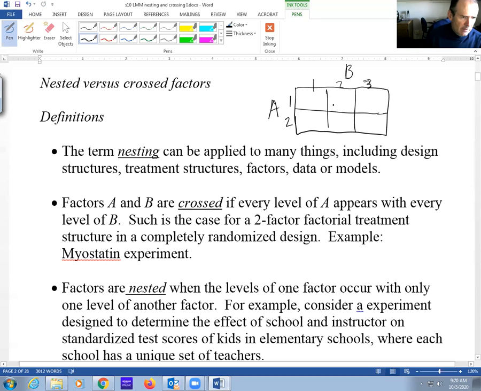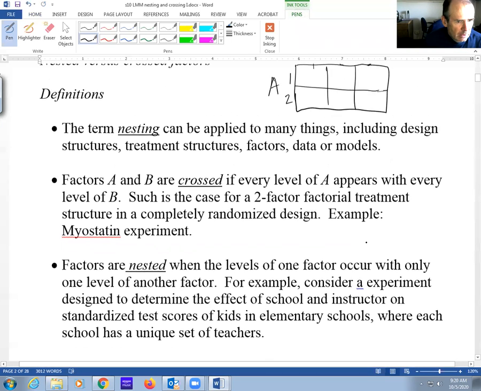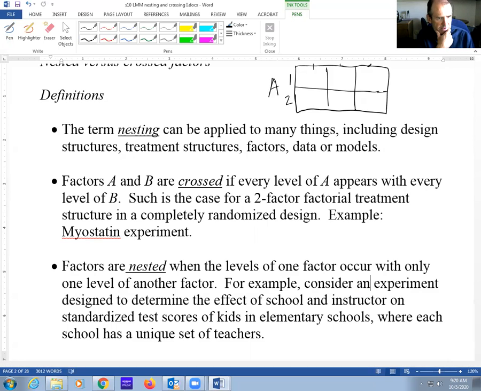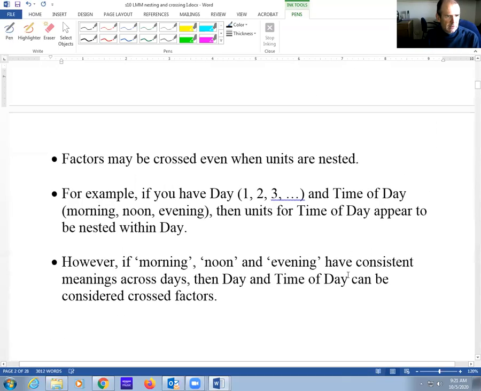Factors are nested when the levels of one factor occur with only one level of another factor. For example, consider an experiment designed to determine the effect of school and instructor on standardized test scores of kids in elementary schools, where each school has a unique set of teachers.